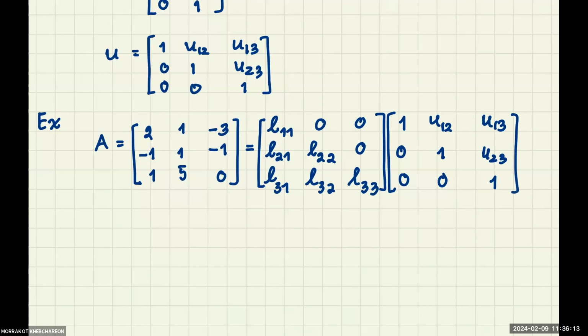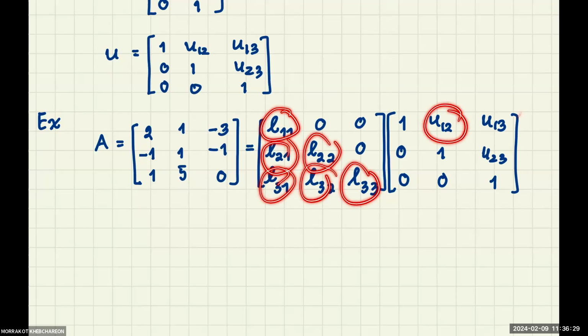You can see that you have 3 rows and 3 columns, 9 elements, so you will have 9 equations and 9 unknowns. Okay, so you have 9 unknowns.